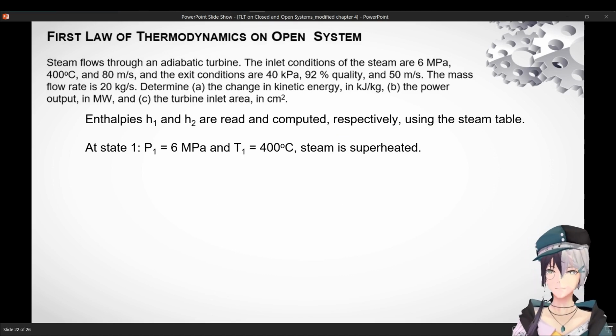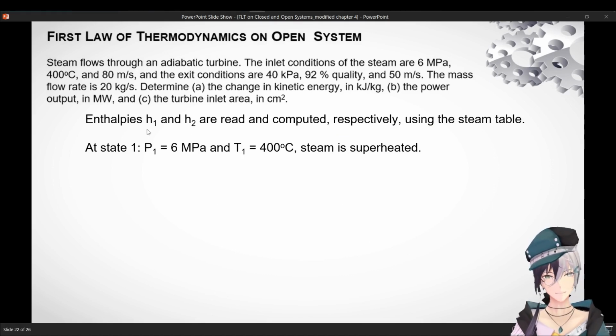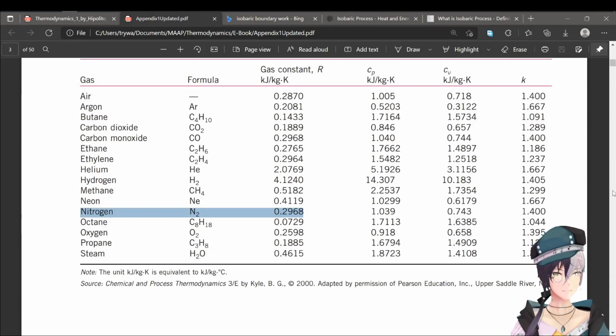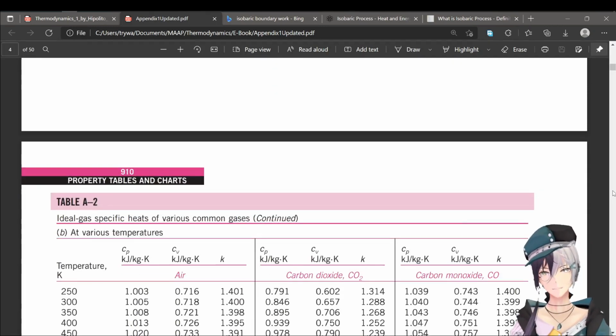Enthalpies are read and computed using the steam table at state one. At state one, 6 megapascal and temperature of 400 degrees C, the steam is superheated. Let's see why it is superheated.